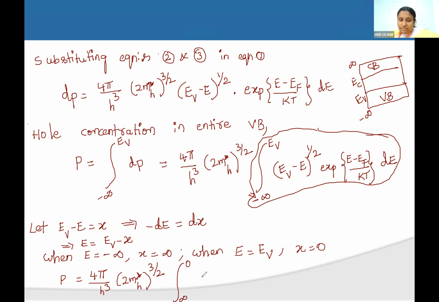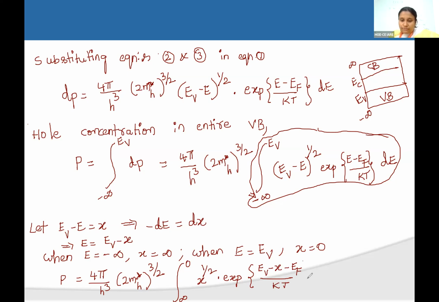Then in place of E_V minus E, I substitute x whole to the power of half, into exponential of, what is our E now? E we got as E_V minus x, so I substitute here: (E_V minus x minus E_F) by kT.